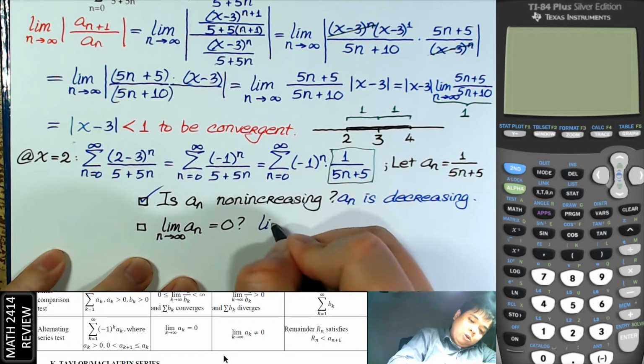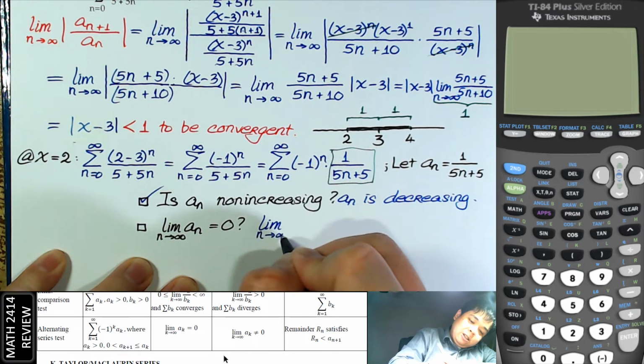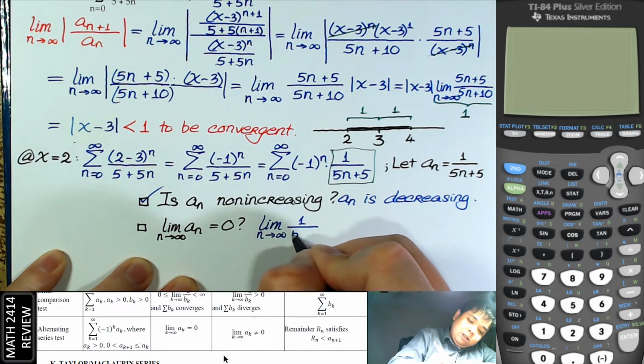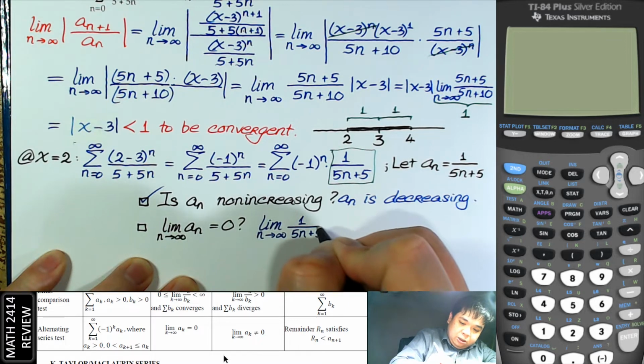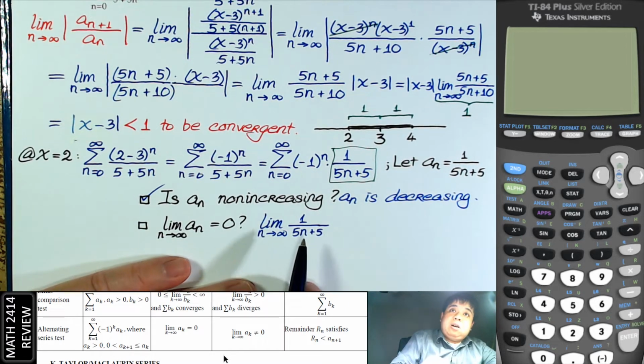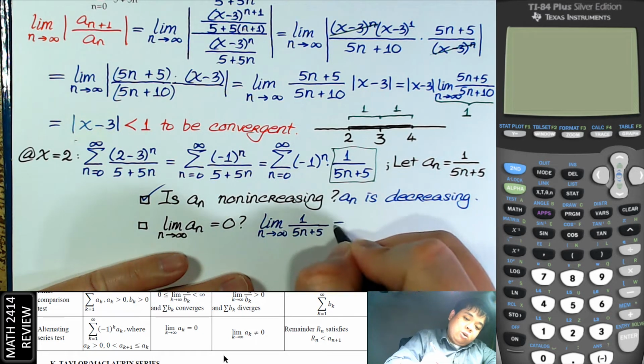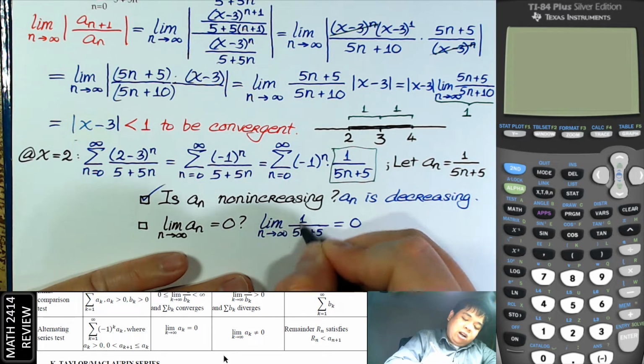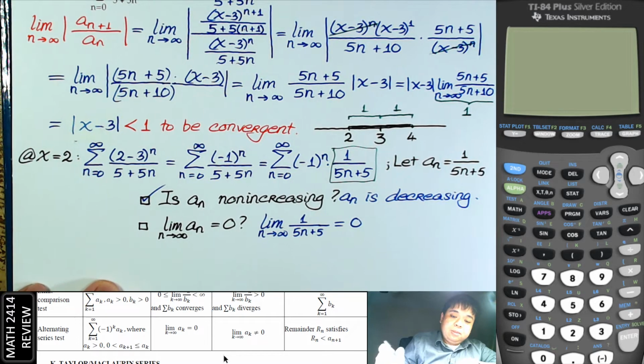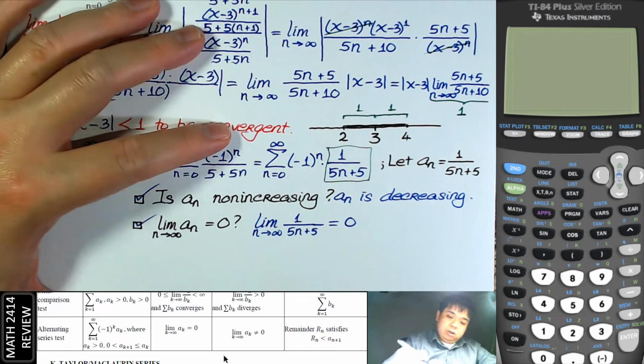Well, this one also yes. Like I said, the bigger the bottom, the smaller the quotient, and when n goes to infinity, this goes to 0. So we have a finite number divided by infinity, which is 0. So check. So it is convergent at 2.